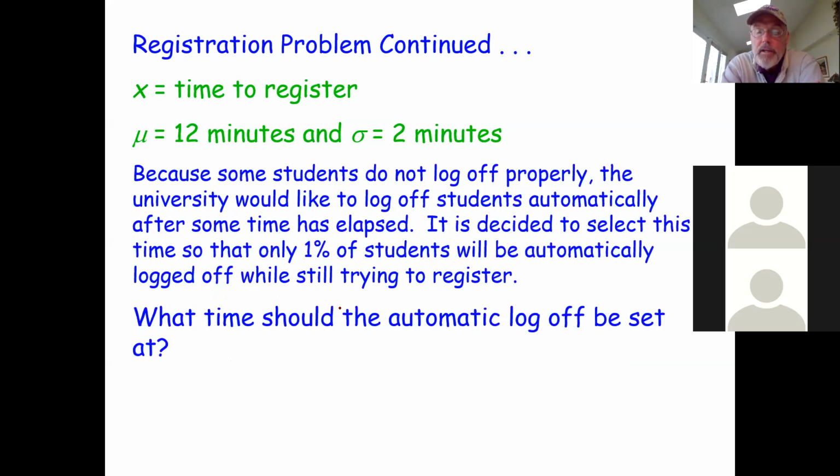It was decided to select a time so that only 1% of the students will be automatically logged off. What time should the automatic log off be set? How do we work with this?